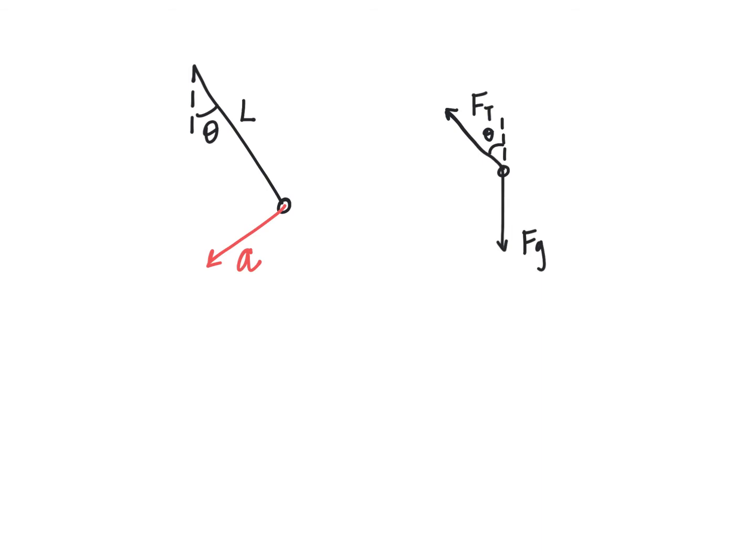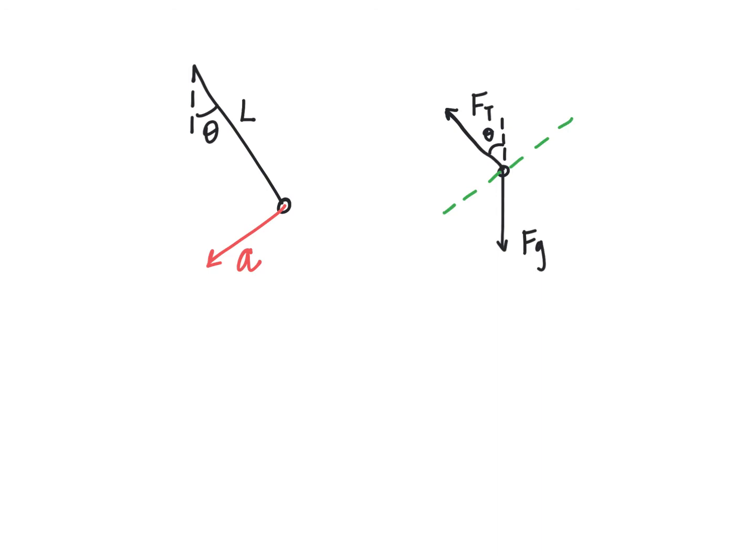Now, if the net force is in the direction of the acceleration, that means that my net force is going to be along this line. So let's add an axis along that direction. I do that because it is always easier to put the net force in one dimension.